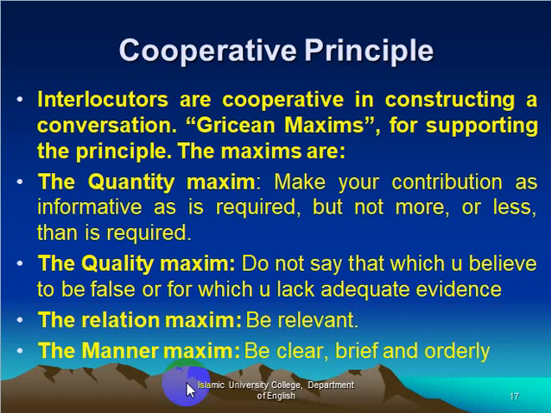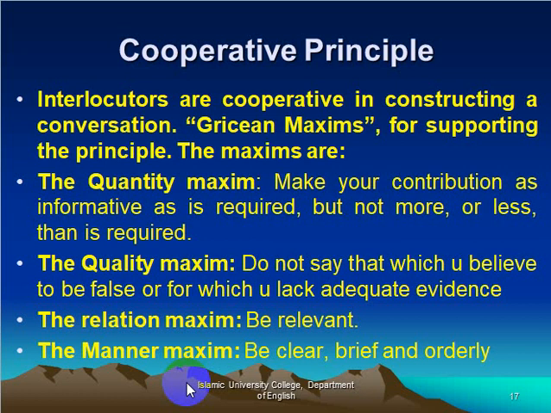Thanks to Paul Grice, who first introduced the cooperative principle maxims in the 1970s, any kind of conversation should have the cooperative principle among the interlocutors. And this cooperative principle consists of 4 maxims.